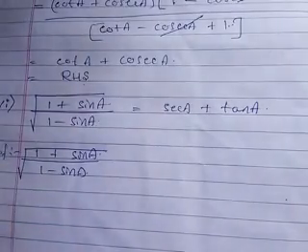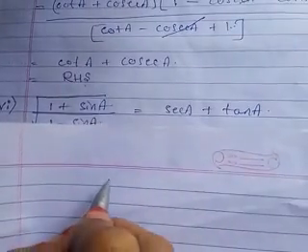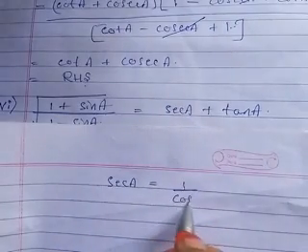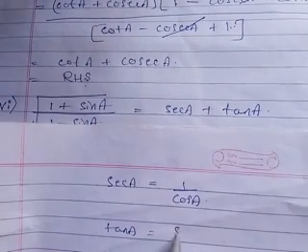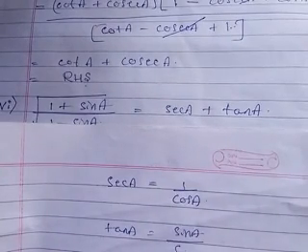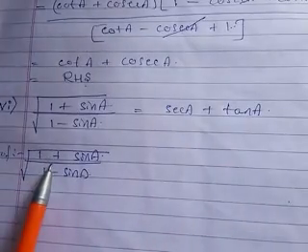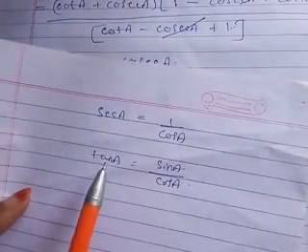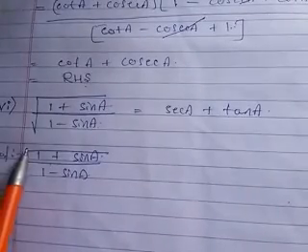In RHS, sec A means 1 by cos A, and tan A is sin A by cos A. So the LHS part we have to bring in terms of sec A and tan A, and it also has a square root.